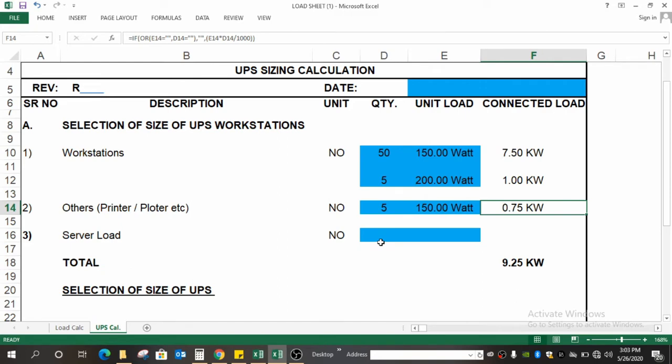Normally small printers consume 120 to 150 watt each, and here we have taken it as 150. But some big printers, which we call plotters, consume more than 150 watt. If you have such equipment, do confirm before filling in the data sheet and enter accordingly.